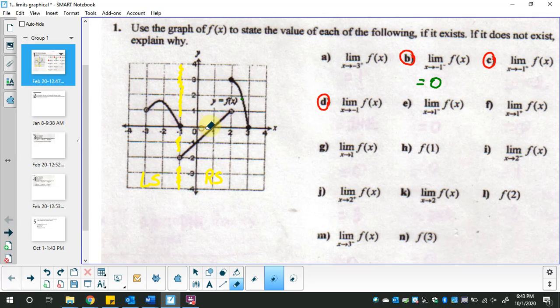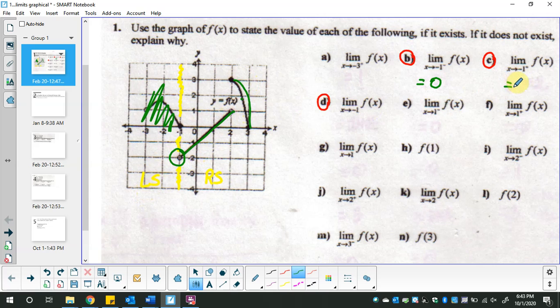And this time you ignore all of the left side information. And you travel along until you bump into x equals -1, and we get to that spot there, which has a y value of -2.